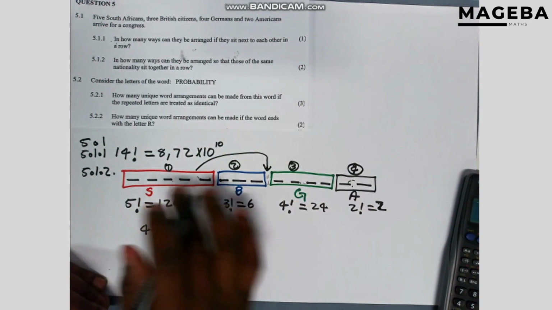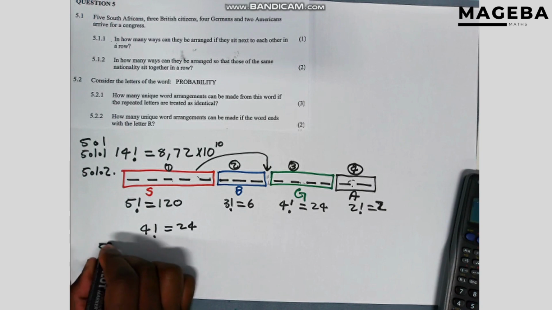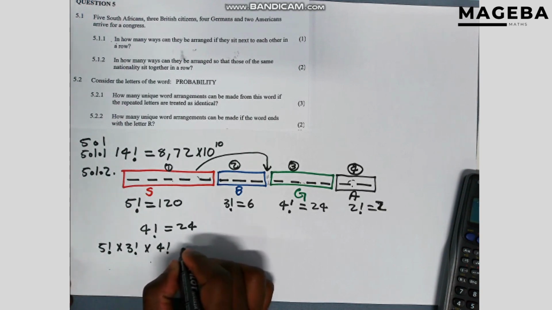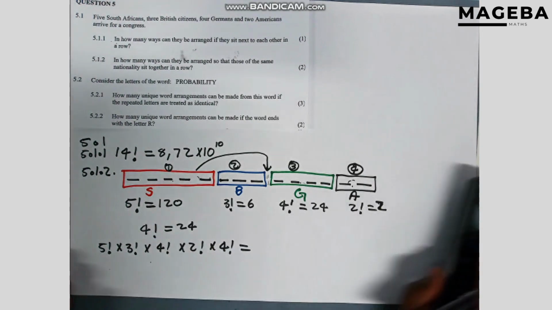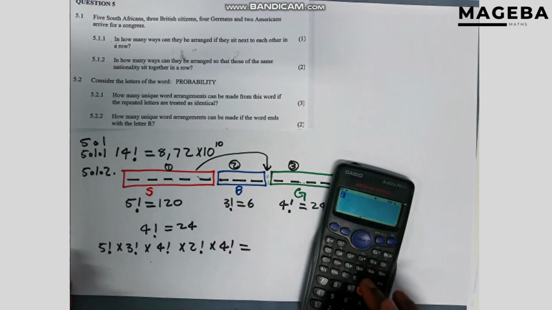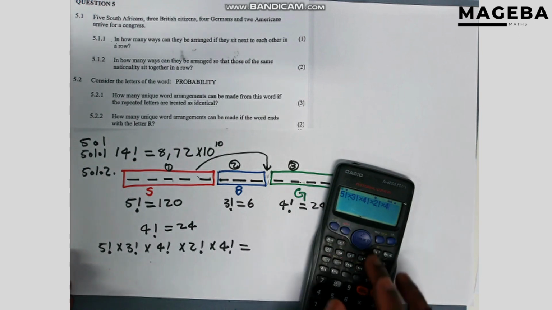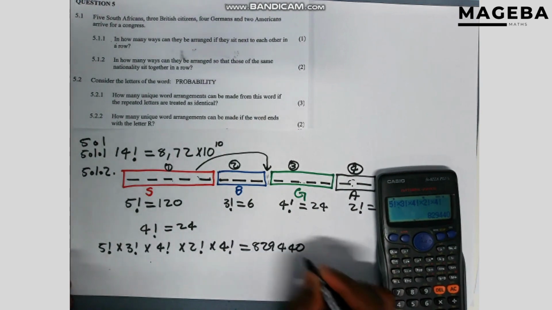Now I need to multiply all these arrangements: 5 factorial times 3 factorial times 4 factorial times 2 factorial times 4 factorial, which gives me 8294400.